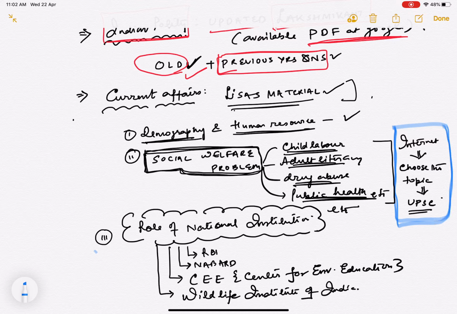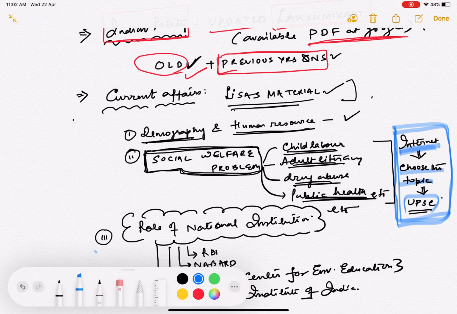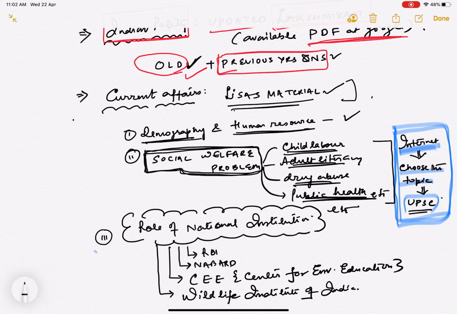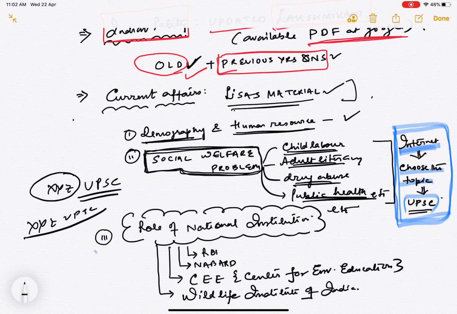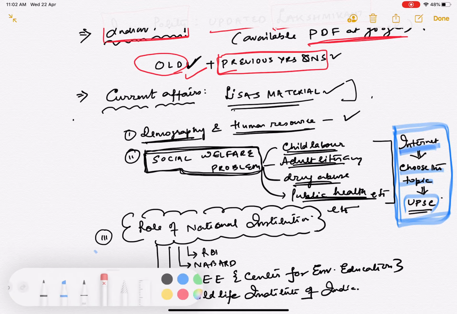Then go to the internet. For any topic, choose the topic and then do a Google search. Simple: if the topic is XYZ, search XYZ and then UPSC. Done. You'd get plenty and ample material. Within this context, I would suggest you go for Byju's.